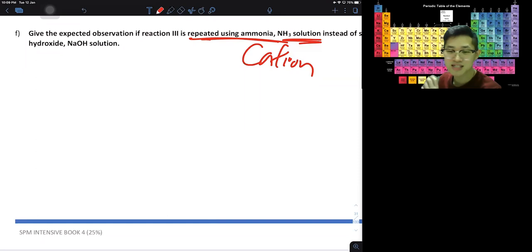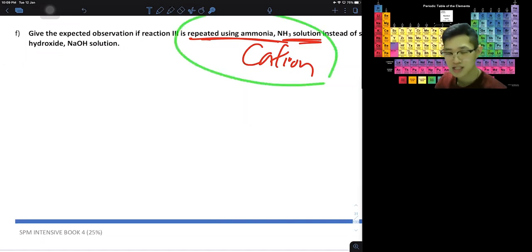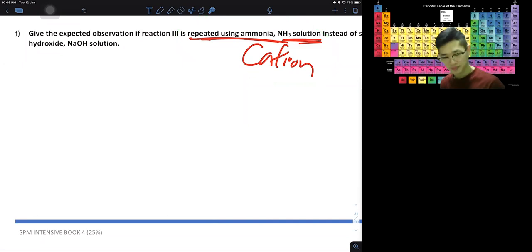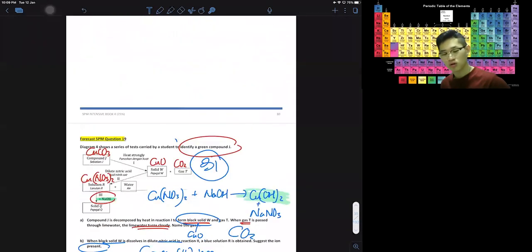Jeremy, can you please tell me which ion we are testing right now? We use the ammonia solution to test which ion? Copper 2 ion, right? What is the expected observation? You are so weak.